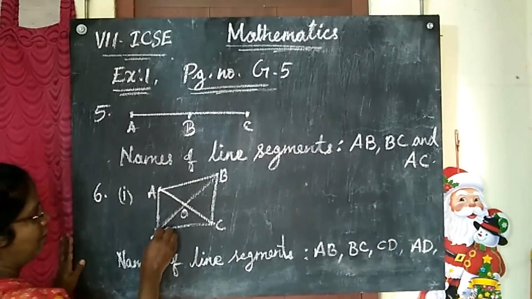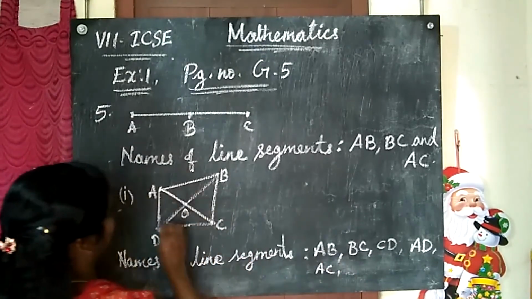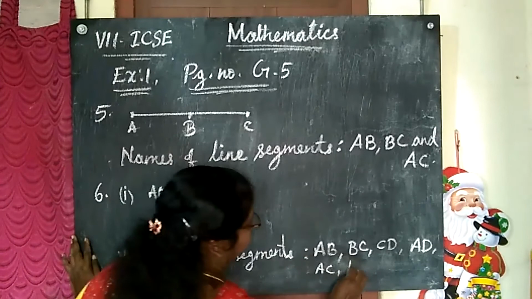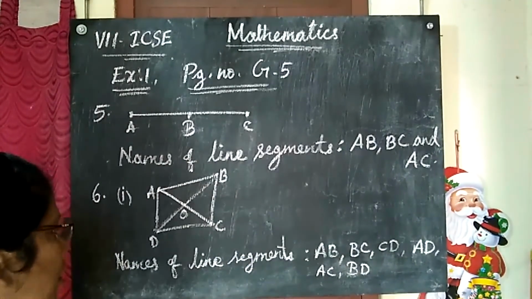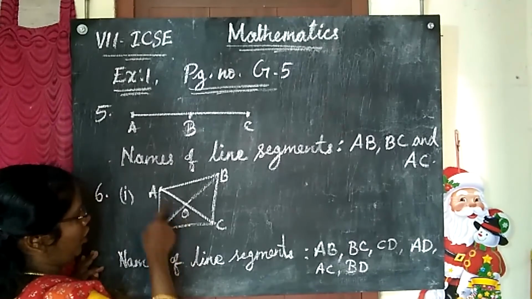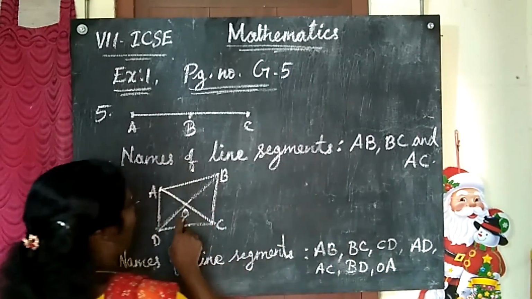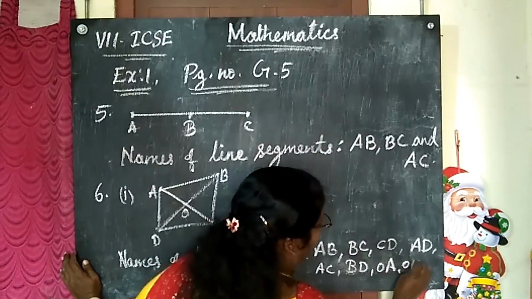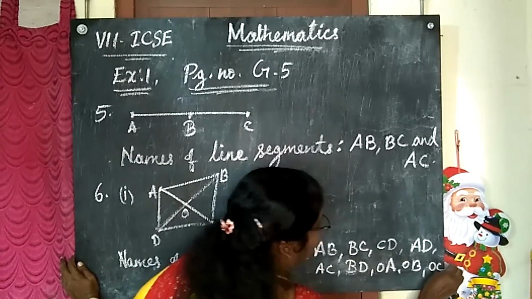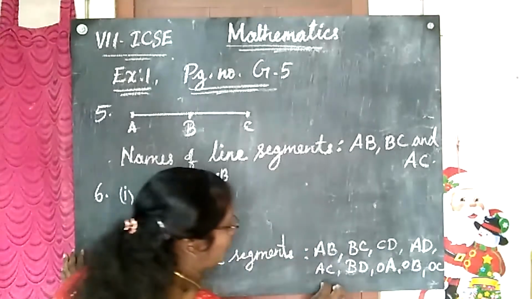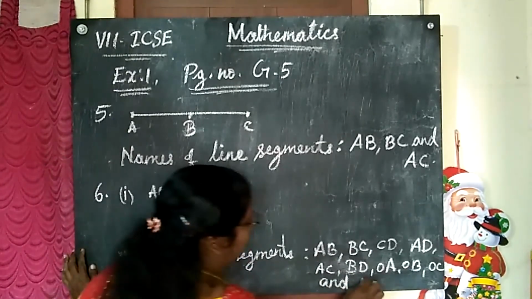Next, the diagonals: AC, another diagonal is BD. Next, from O you start. OA, OB, OC, and OD.